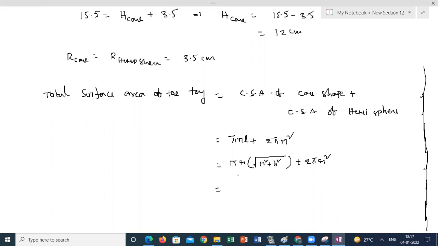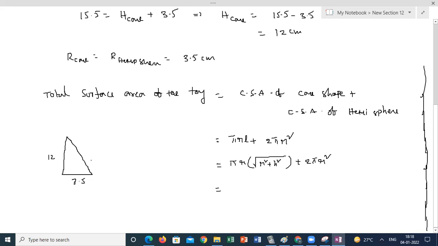Please let me know if you got the slant height value. Students, please respond. This is 3.5.